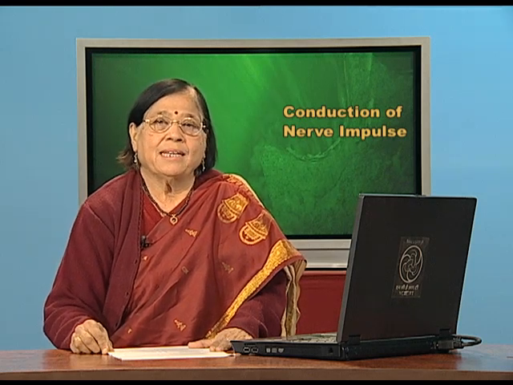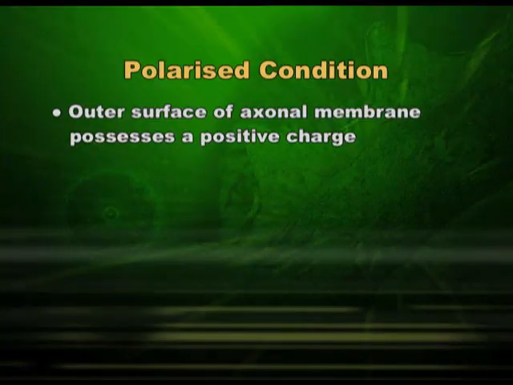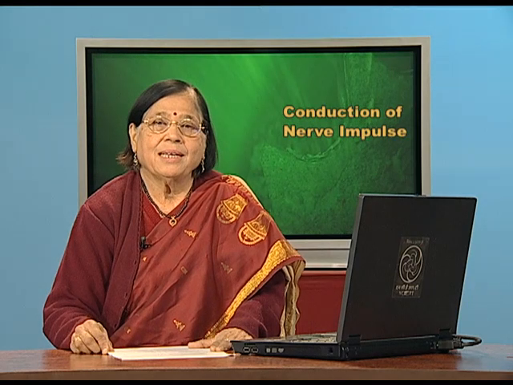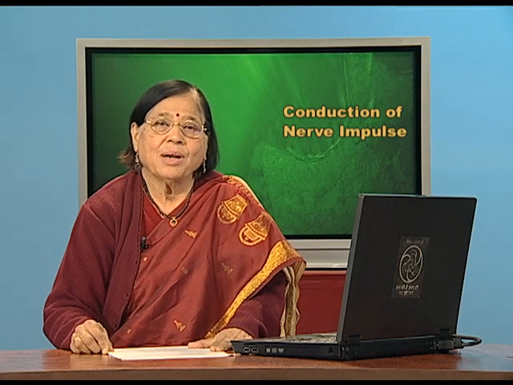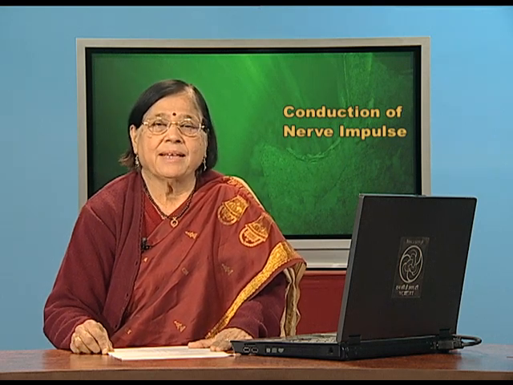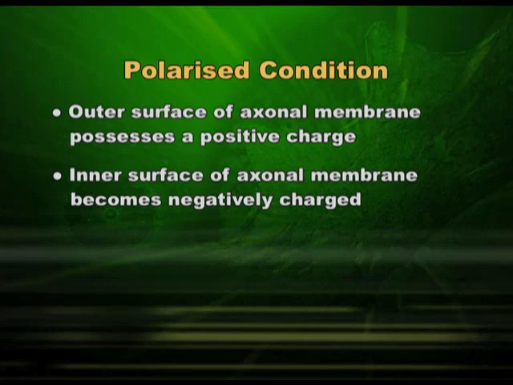In the polarized condition, the outer surface of axonal membrane possesses a positive charge. You very well know, children, why it possesses a positive charge, because it has more of positively charged ions. The inner surface of axonal membrane becomes negatively charged because protein ions could not move out.